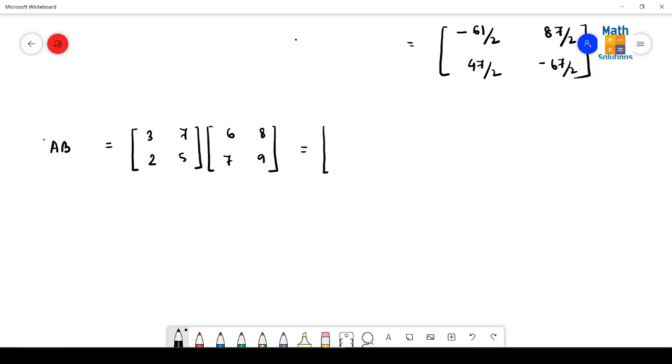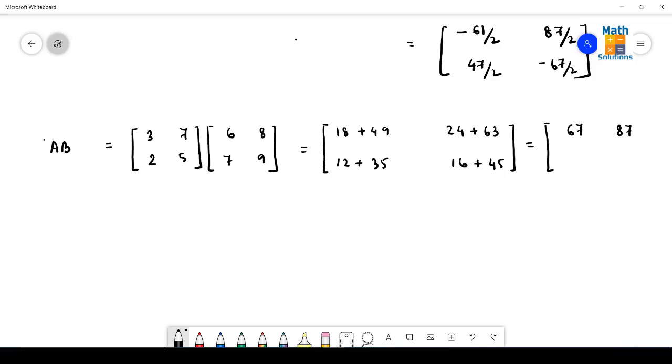Then we get 18 plus 49, 24 plus 63, 12 plus 35, and 16 plus 45. The answers will come like 67, then 87, then 47, and 45 plus 10, 55 plus 6, it is 61.